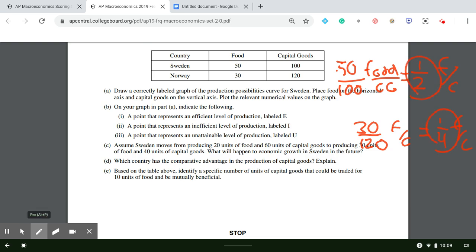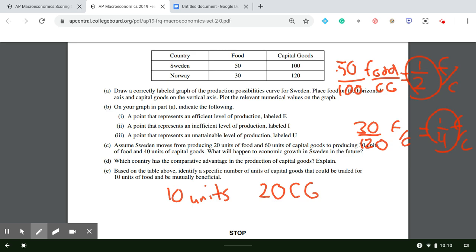The idea is, for 10 units of food, for Sweden, since food costs 1/2 per capital good, they're going to need to at least get 20 capital goods in exchange.